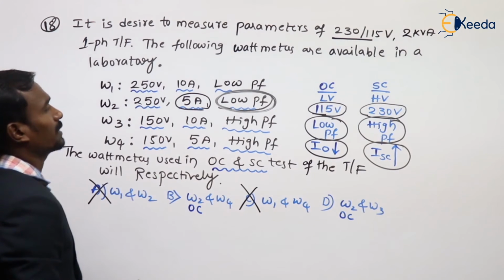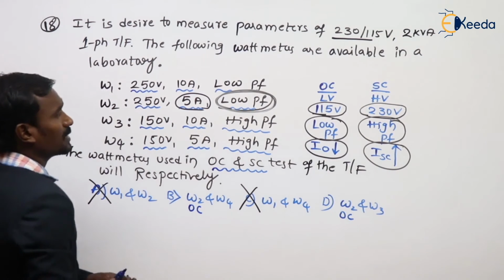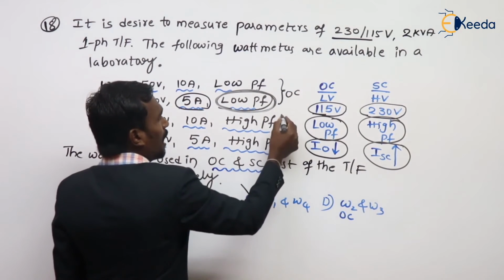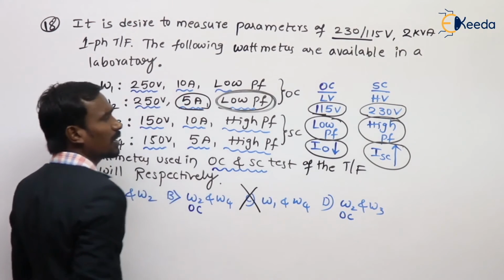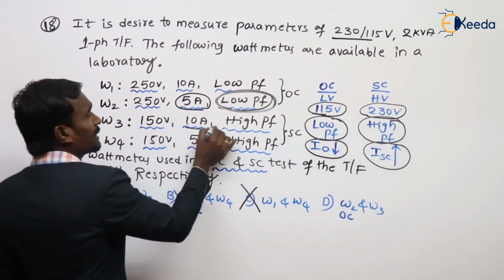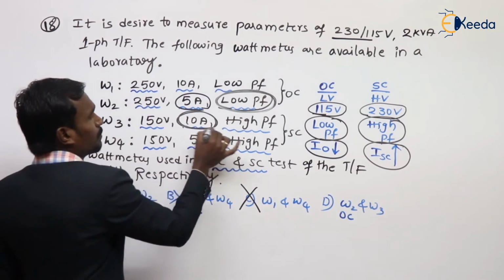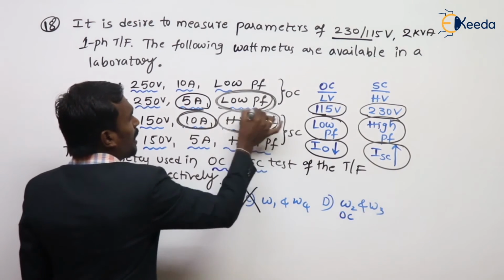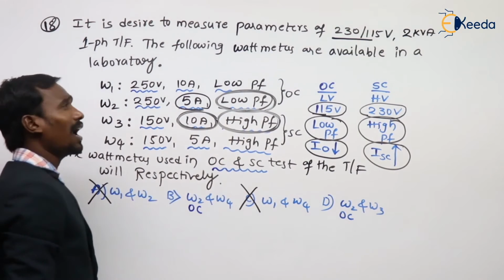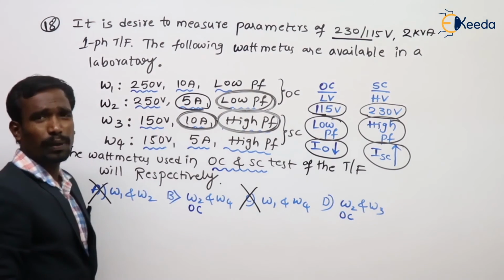Next one, for the SC test. For the SC test, high power factor is preferable. This for the OC test and this for the SC test. High power factor, okay. What about current? Current should be maximum. High power factor and high current, and voltage may be a lower value, no problem.